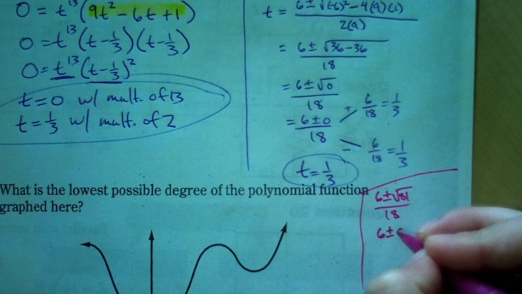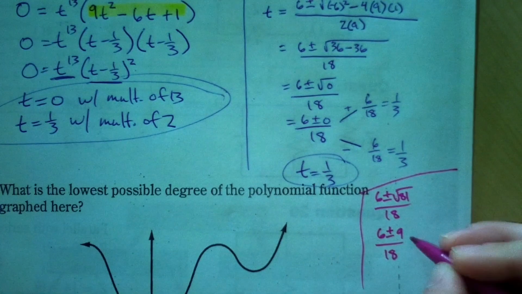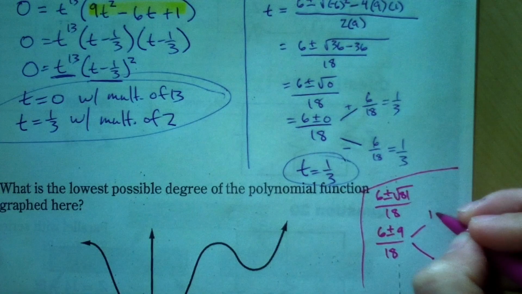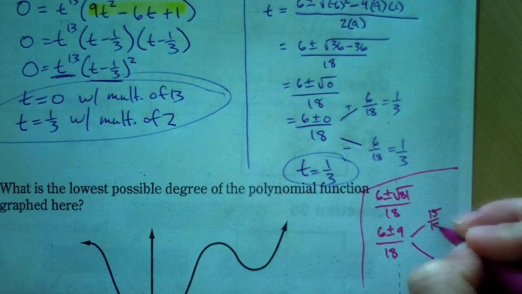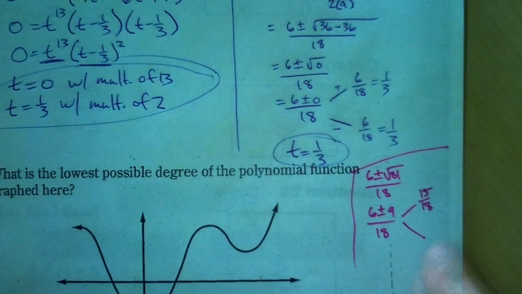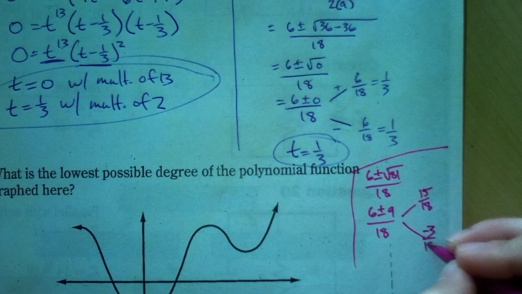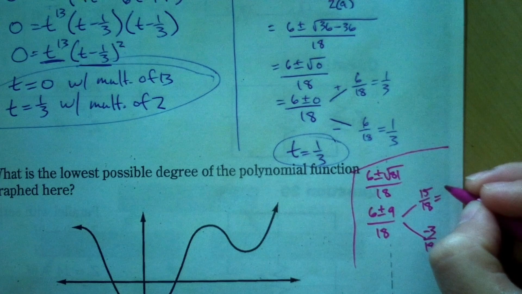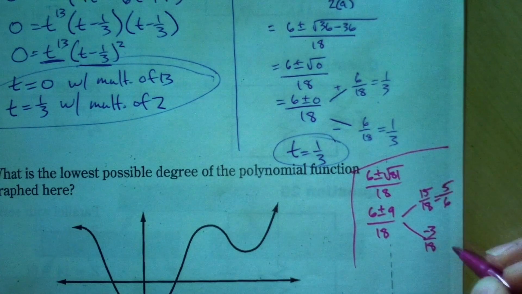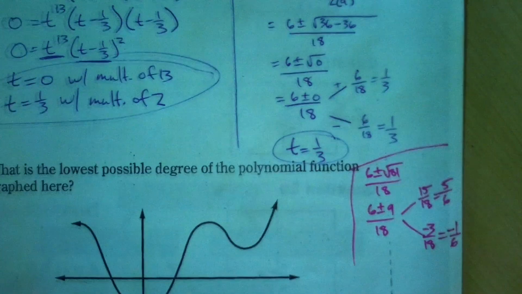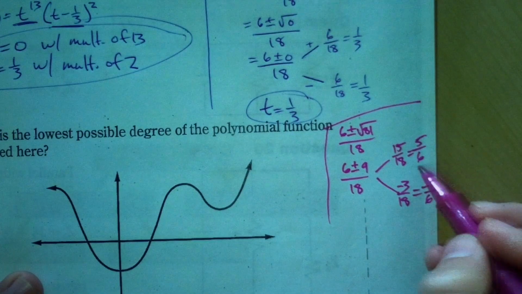Let's look at our next example in our packets, where they use this wiggliness idea. What they're getting at is figuring out the lowest possible degree. You can have a horizontal line, y equals d, and you're trying to come up with a horizontal line that crosses this curved graph in the most spots.